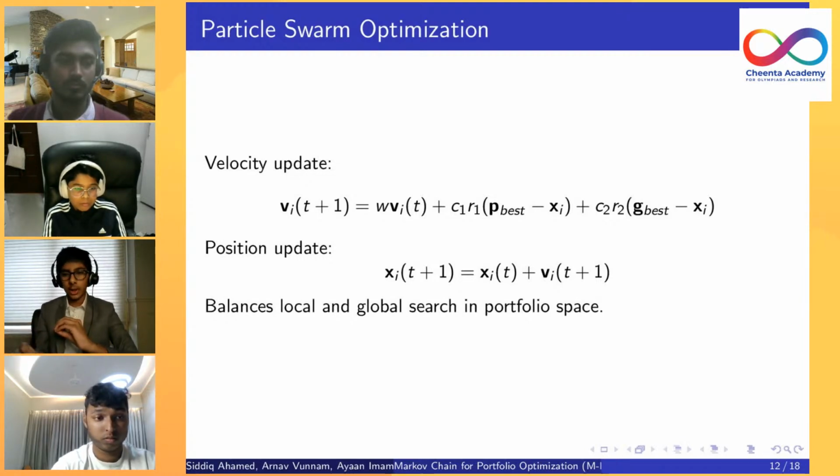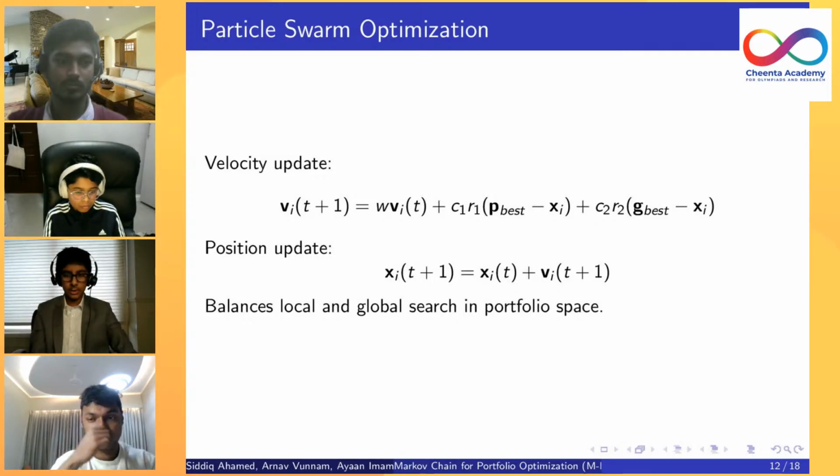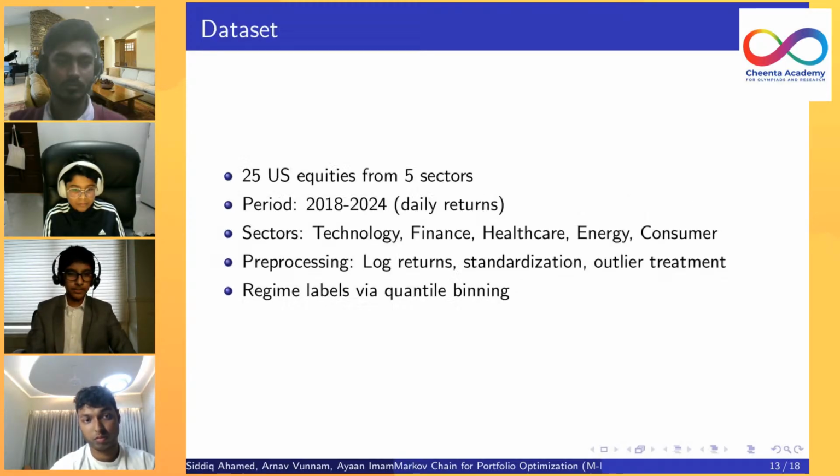First, the velocity update balances three forces: inertia from the particle's current direction, attraction to its personal best position, and attraction to the global best position found by the entire swarm. The parameters C1 and C2 control the strength of the personal versus social learning, while R1 and R2 add randomness to prevent premature convergence. Secondly, the position update simply moves each particle according to its velocity. Now, please move on to the next slide.